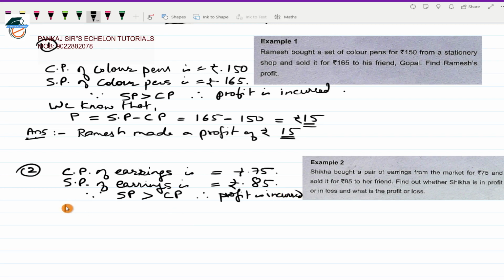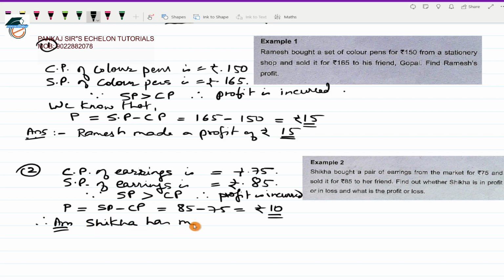And this profit is equal to selling price minus cost price, which is equal to selling price is 85, cost price is 75, and 85 minus 75 is rupees 10. Therefore, the answer will be Shikha has made profit of rupees 10. Is that clear?